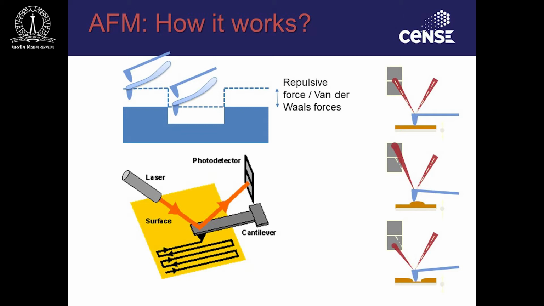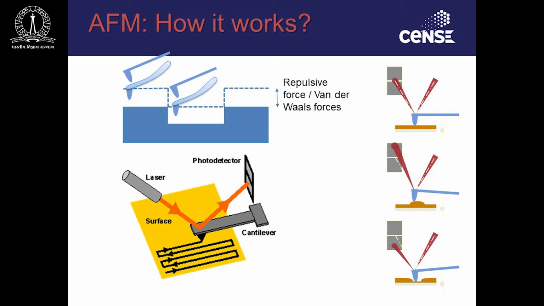Are you doing it in the repulsive regime, or are you doing it in the van der Waals regime? So repulsive regime is where the contact mode is done, and van der Waals forces, which are also called attractive forces, that is where the tapping mode or non-contact mode is done. And when it is doing it, it is rastered across the surface, somewhat like this.